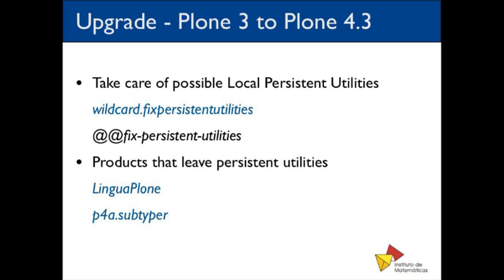So I used Google for that and found some blogs that talk about this problem, and they showed me this other product called Wildcard Fix Persistent Utilities that Ethan wrote. Yeah, it's a fantastic product.